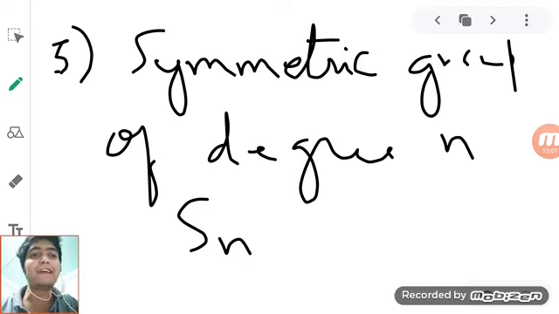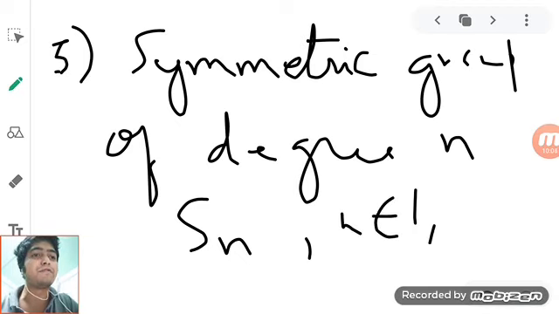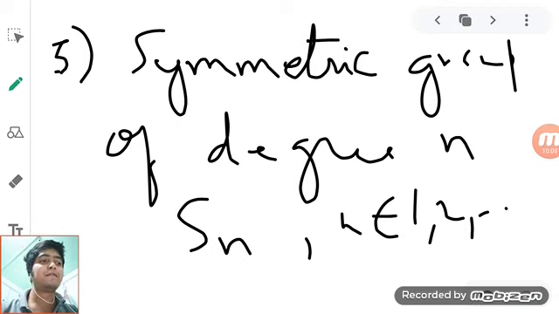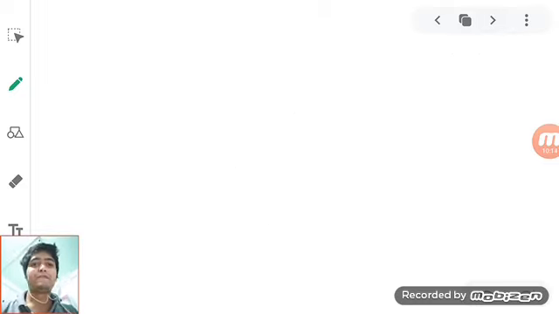Again, n can be any natural number that you put: 1, 2, 3, 4, and so on. So let us see what this group is. How does an element of this group look like? For matrices, it looks like a matrix.